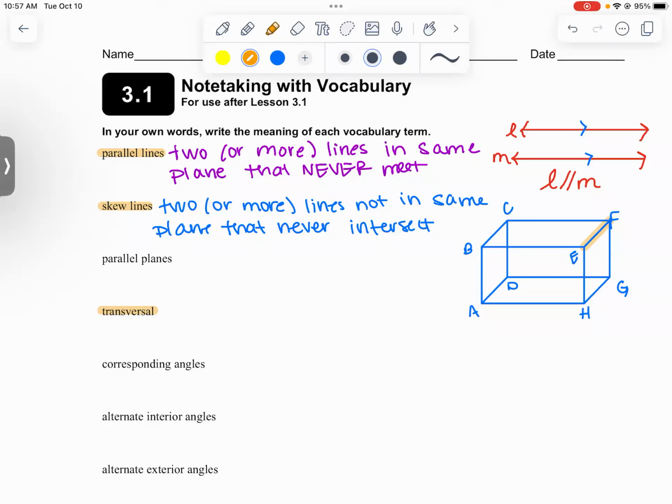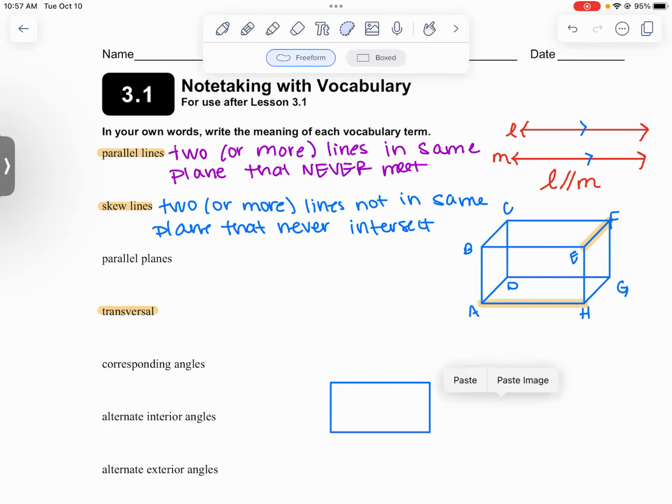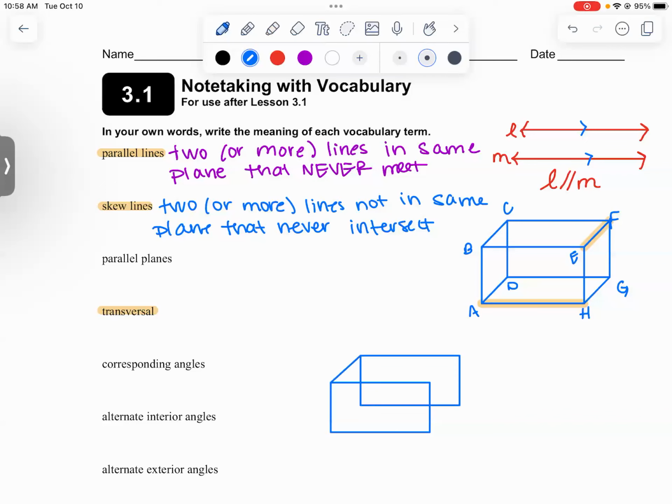So I made a rectangle. And then I copied the rectangle. And then I connected, right? I used to do this in like fourth grade.